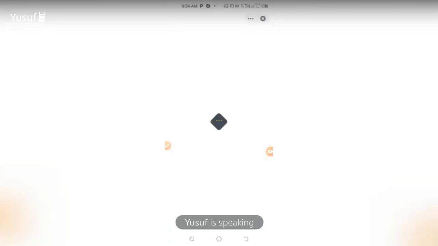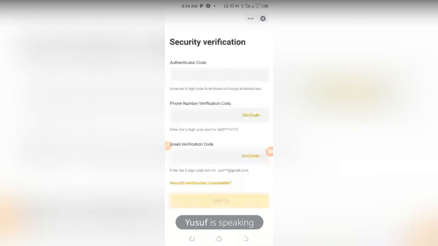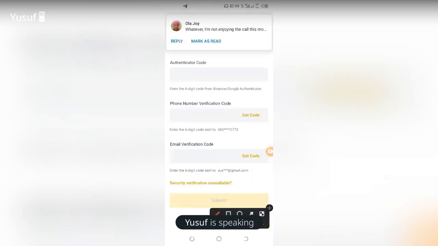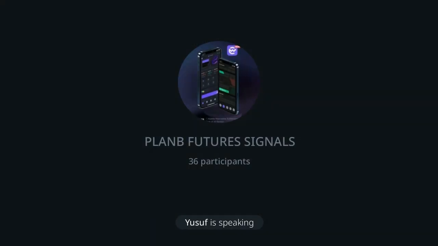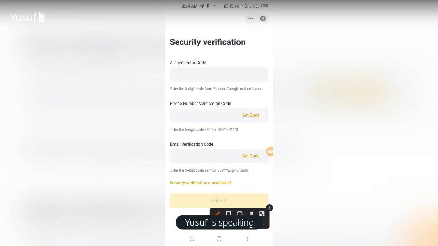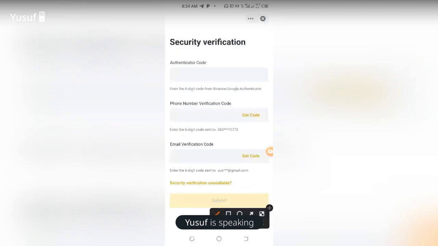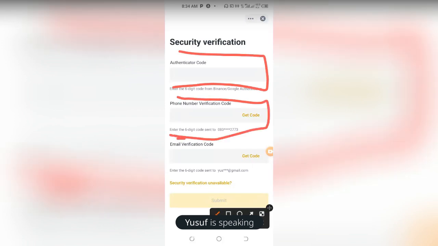So when I click on confirm, it will now ask for security verification. This is the safety guaranteed on a crypto exchange, comparing it with a bank account. In my account here, before I can send money out, a code must be generated via Google Authenticator, via my phone number, then via my email.